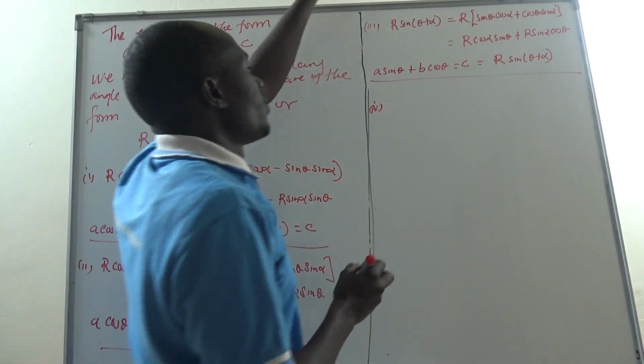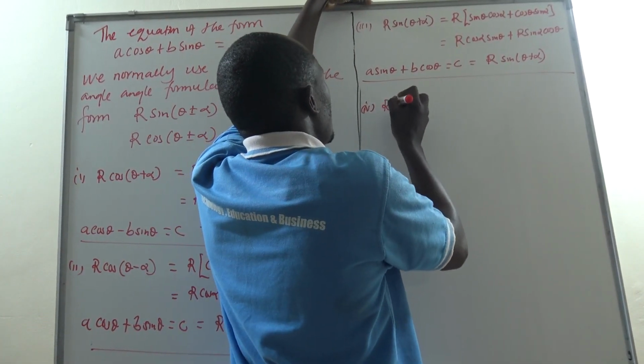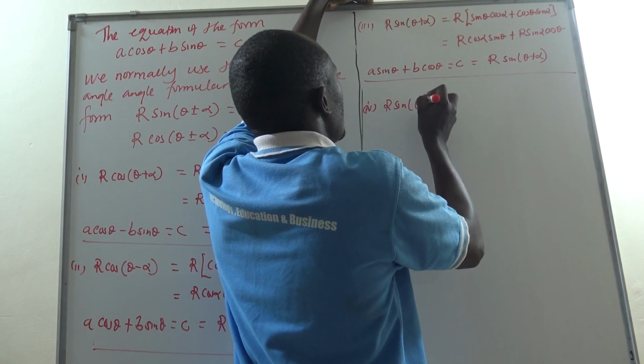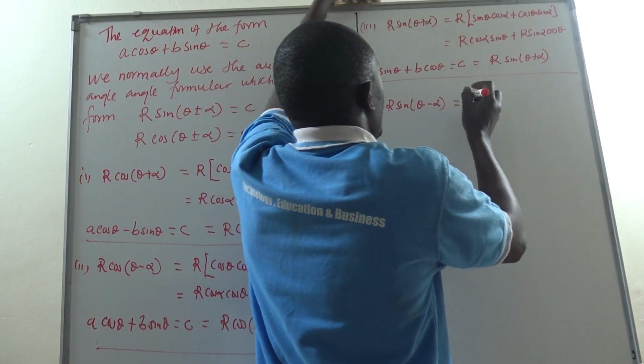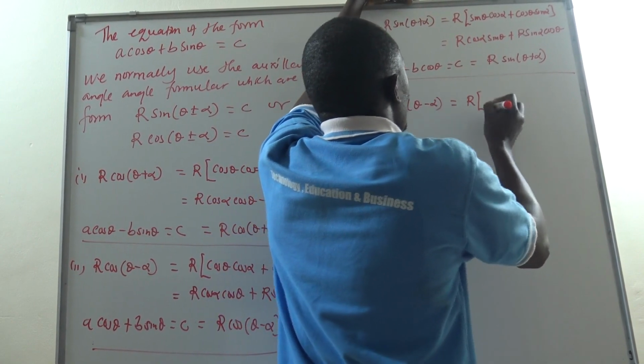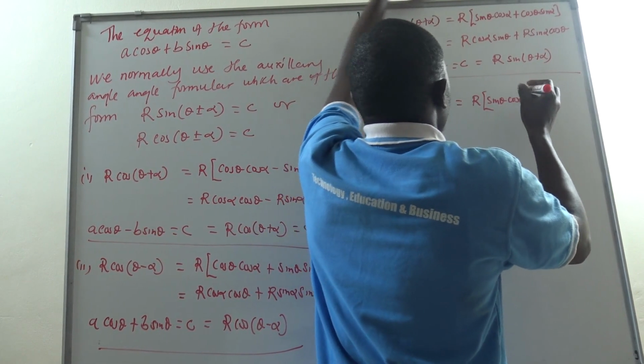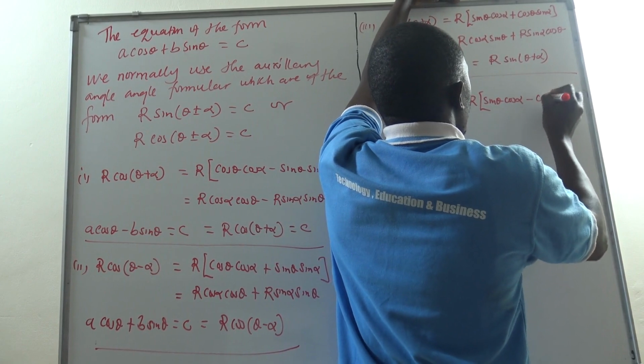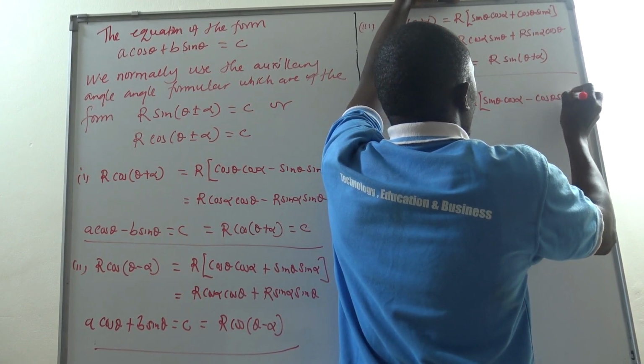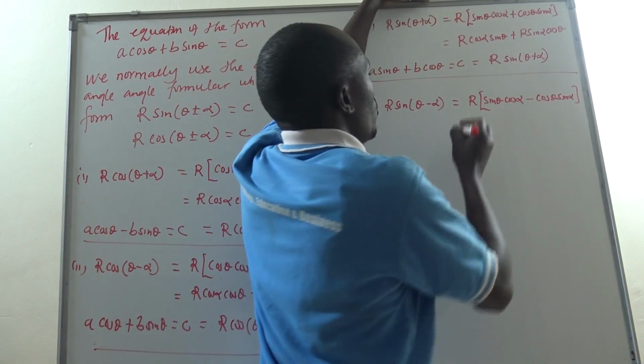We are now going to move to scenario 4. We first expand r sin(theta minus alpha), which is the same as r into sin theta cos alpha minus cos theta sin alpha. So can we open this?